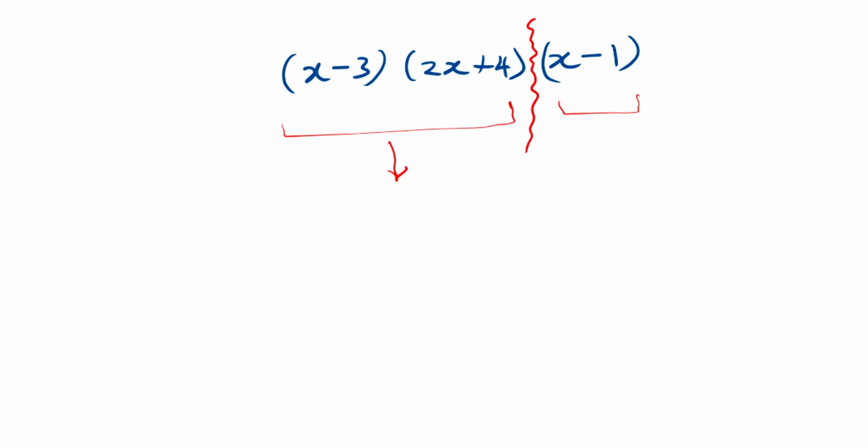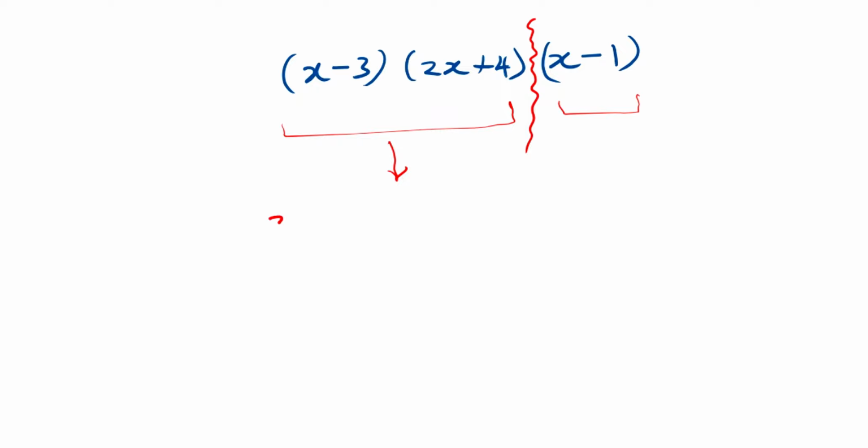Solve the 2 brackets the same way that you solve expansion over 2 brackets, like we've done severally in this video. And then whatever you get, now come and expand the third bracket over that. So watch me. I'm going to expand this one.